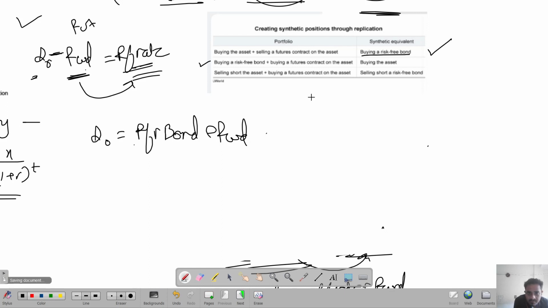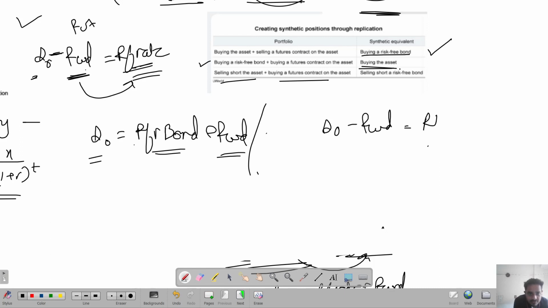So buying the asset would be the same as buying a risk-free bond plus buying a futures contract. Again, selling short the asset plus buying the futures. If we have spot minus forward equal to the risk-free rate, selling short on the asset would be equal to buying the futures contract on the asset.